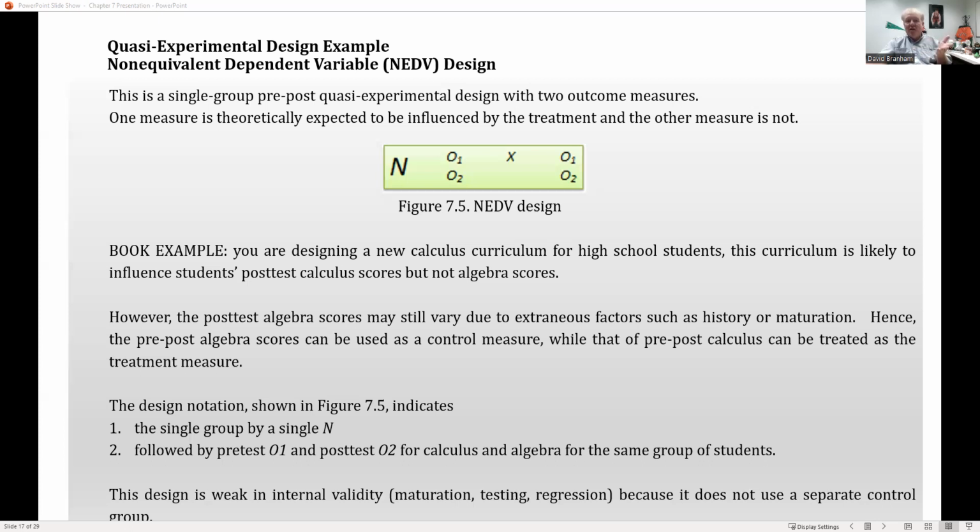So this design is weak in internal validity because you have all these internal threats, because it doesn't use that separate control group that's randomly assigned. It's impossible in this situation to do it. But you can still use this as a quasi-experimental design and maybe draw some conclusions that the curriculum is doing well, then it's something you probably should implement if it's your best option.